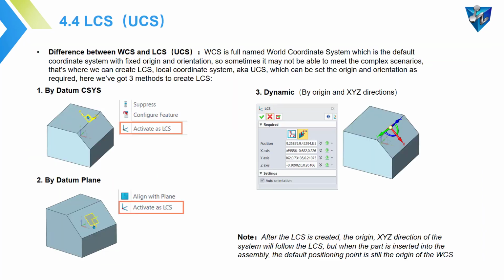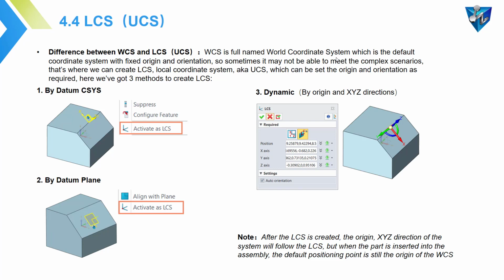Okay, the last page is about the LCS. In this page, I'd like to introduce you something about LCS. Before the function introduction, I would like to share a little bit about WCS and LCS. So WCS is fully named World Coordinate System, which is the default coordinate system with fixed origin and orientation.